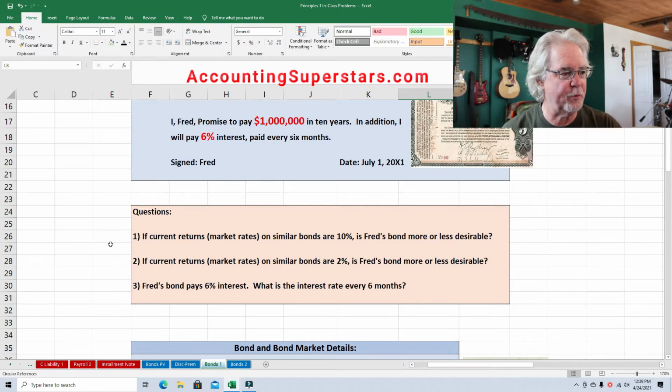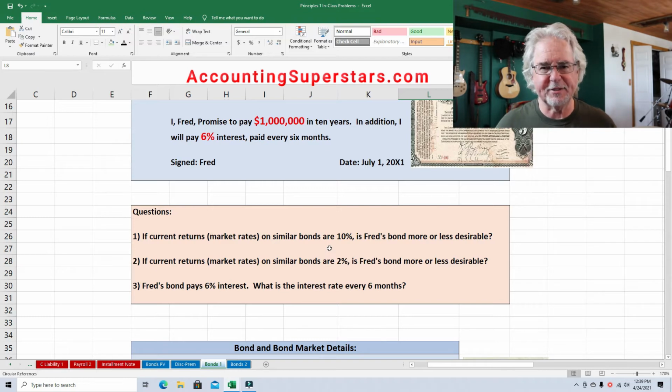But here's a question. Number one, if current returns, the market rates on similar bonds, are 10%, are Fred's bonds more or less desirable? Well, think about it. If somebody else's bonds, in fact, probably a whole lot of people's bonds, are paying 10% and Fred's bonds are paying 6%, which bonds would investors go for?